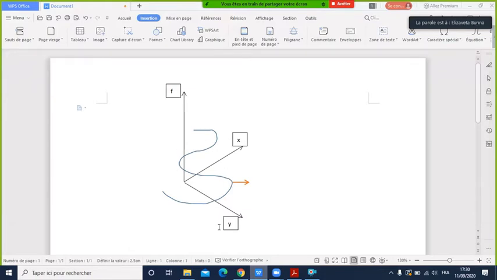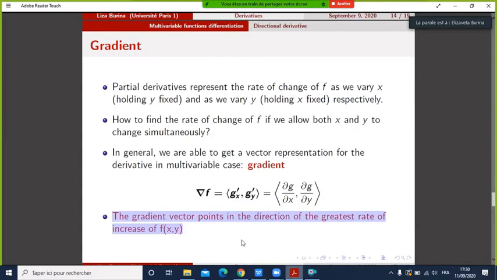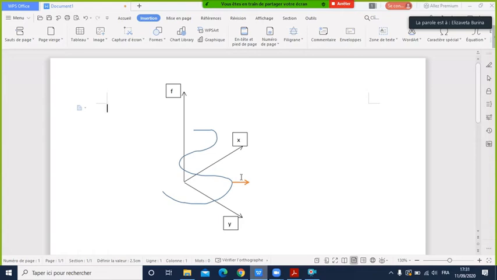You're not going to need it per se, learning by heart that the gradient points in the direction of the greatest rate of increase, but I'm giving you this nice feature of the gradient so you are able to later understand why we are using the gradient. We just have to set a point and we will straightforwardly find the direction of the greatest increase of the function. Since we have a three-dimensional space here, we have to deal with vectors.